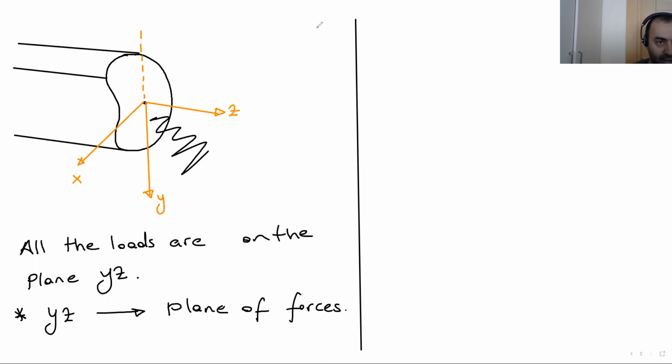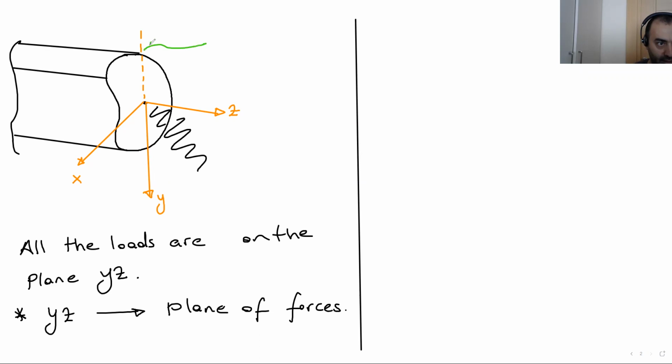Here, clear this portion. We have this plane of forces. When this plane of forces coincides with the main structural member section, we have a line, which is this one. Change color.